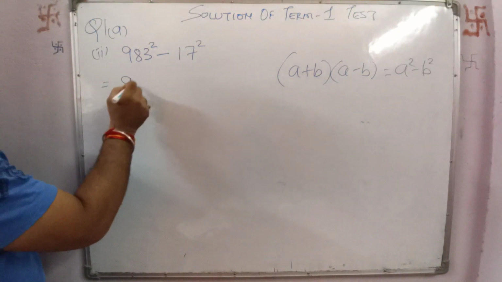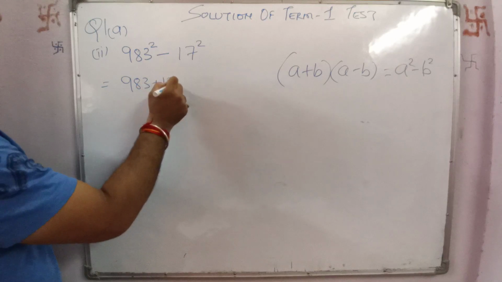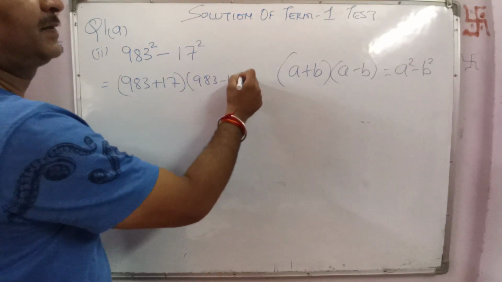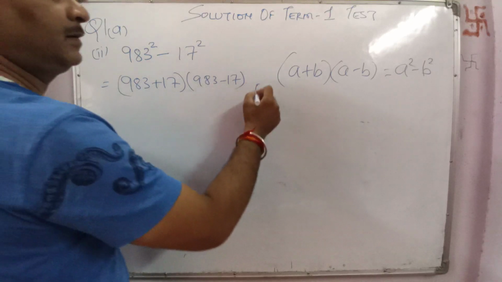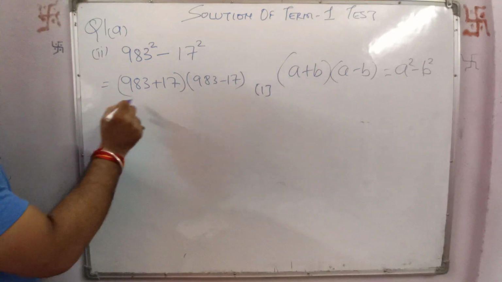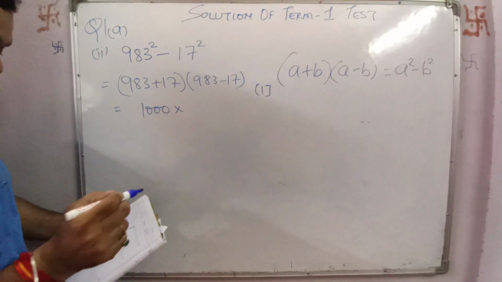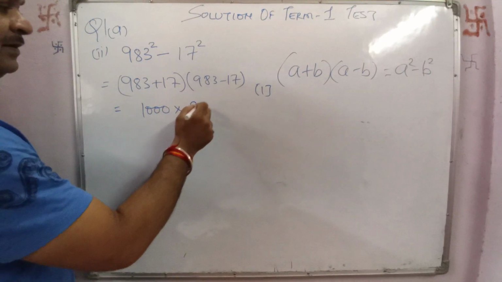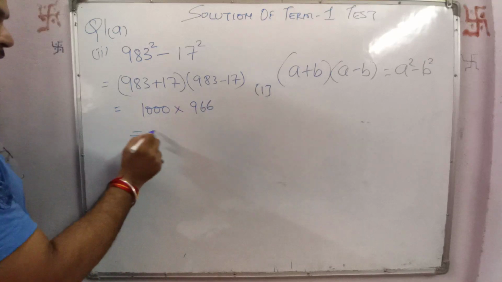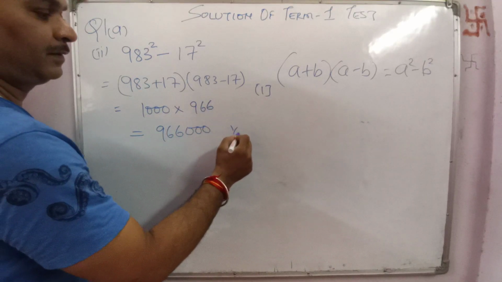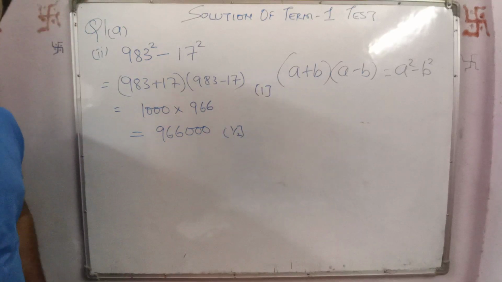So this can be written as 983 plus 17 into 983 minus 17. This will give you 1 mark. This gives you 1000 into 966, so the final answer is 966,000. This is of half mark.